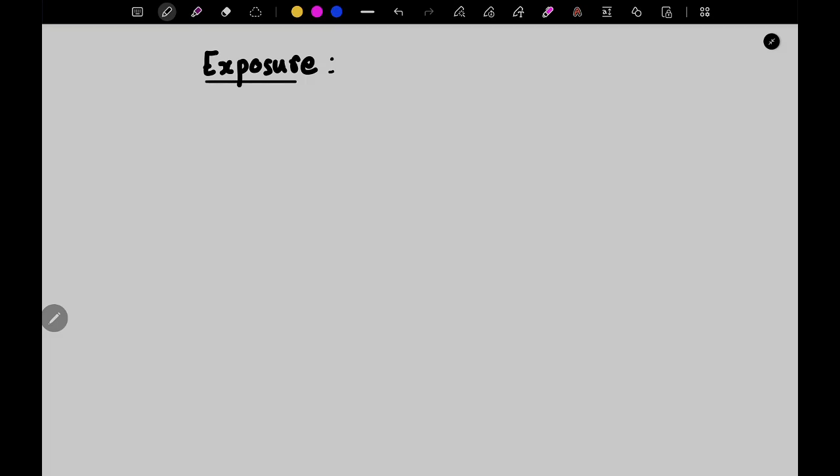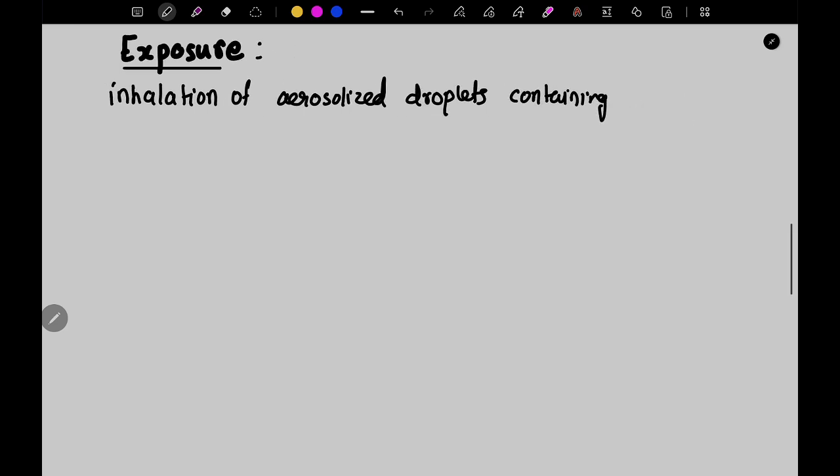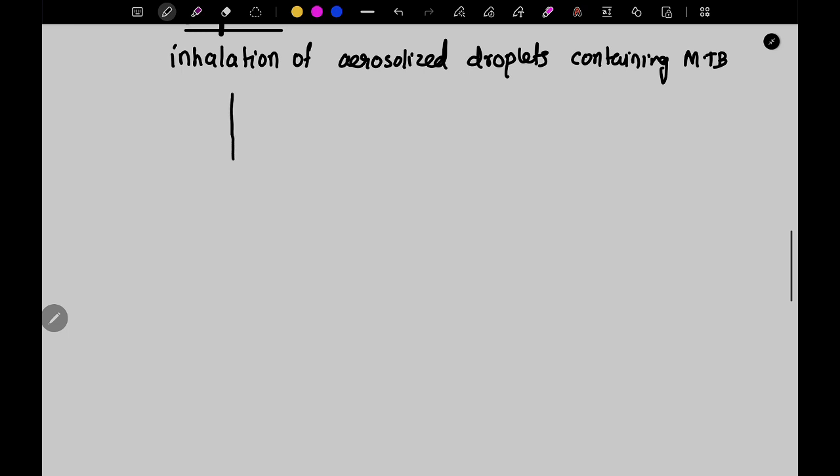Tuberculosis begins when a person inhales aerosolized droplets containing MTB, or Mycobacterium tuberculosis, released from an infected person through coughing, sneezing or speaking. So exposure is by inhalation of aerosolized droplets containing Mycobacterium tuberculosis, and this leads to infection.